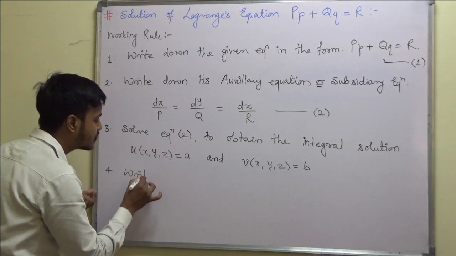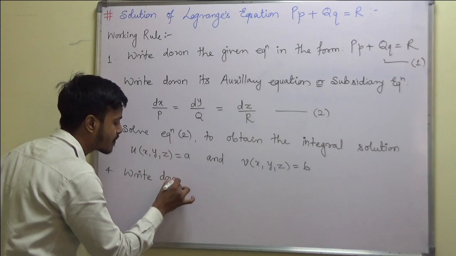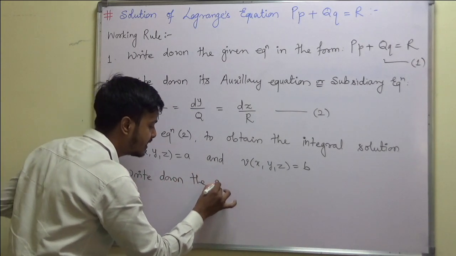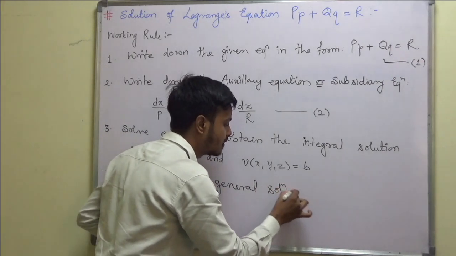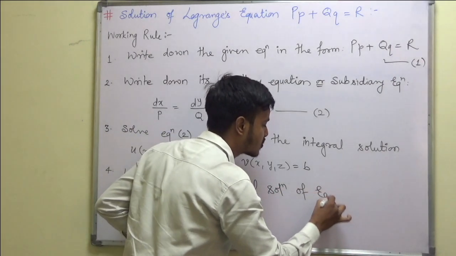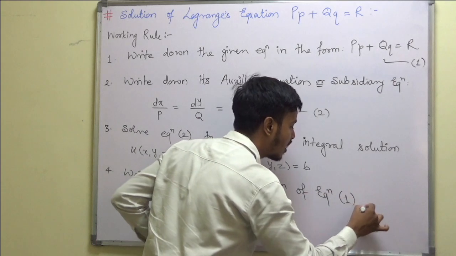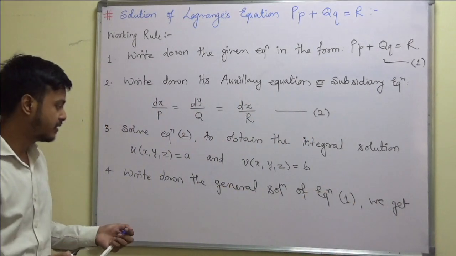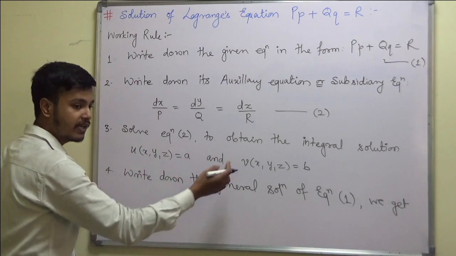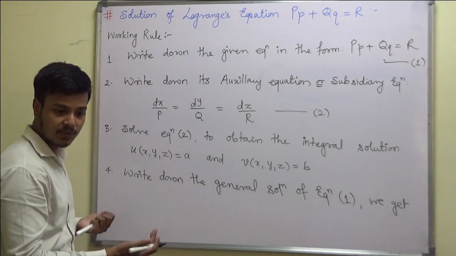So step number 4 says write down the general solution of equation 1. When you get this u and v, you just need to write down the general solution.